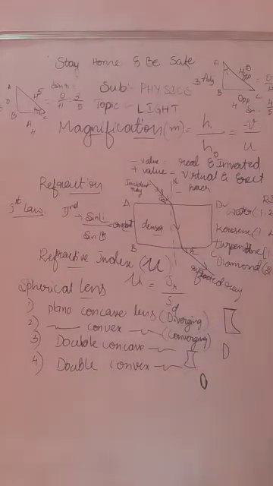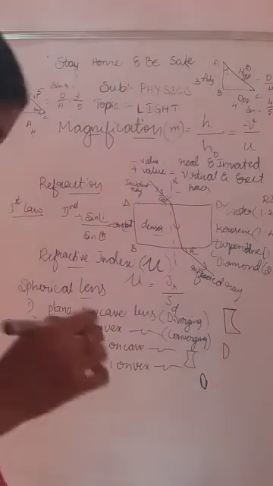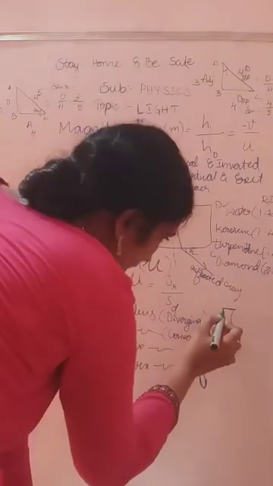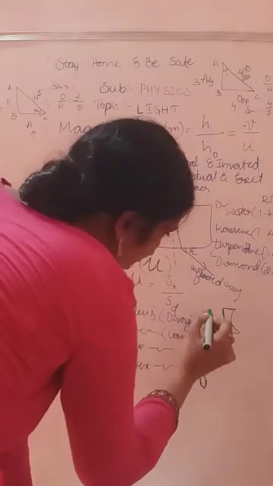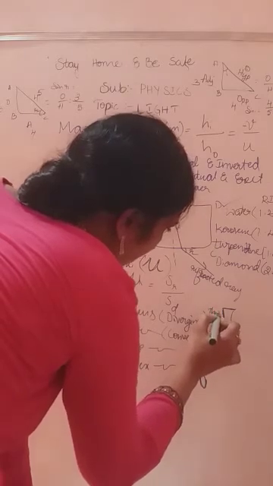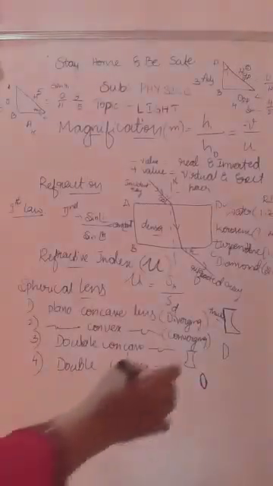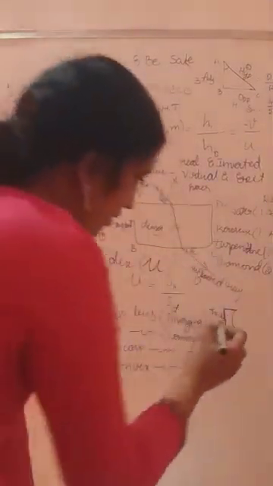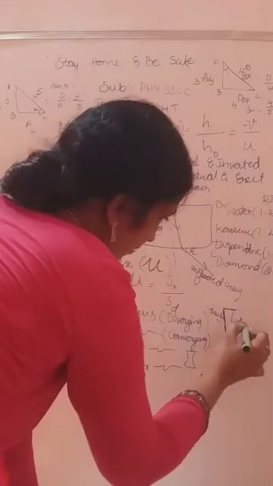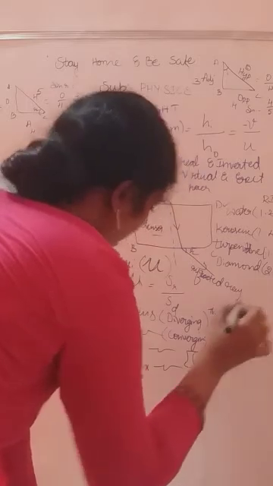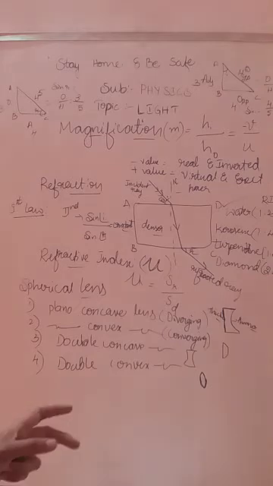Okay, so the lens which have thicker at the edge, this area is very thick at the edge and thinner at the middle, this area is very thin. The lens which have thicker at the edge and thinner at the middle is called the concave lens.